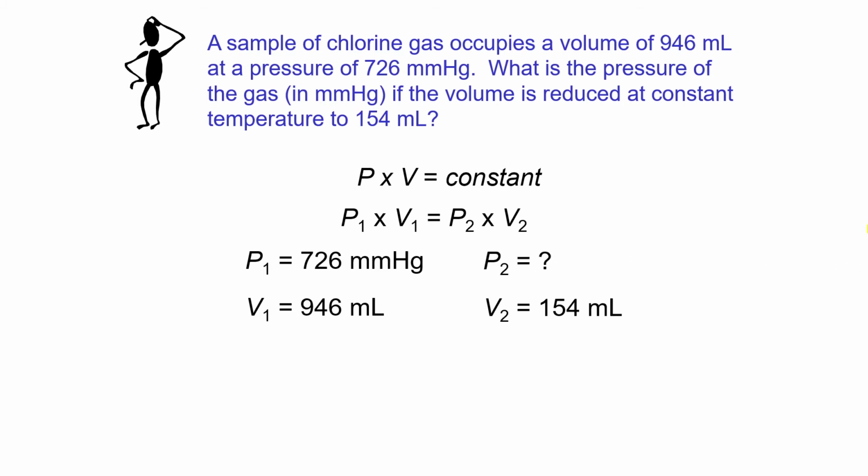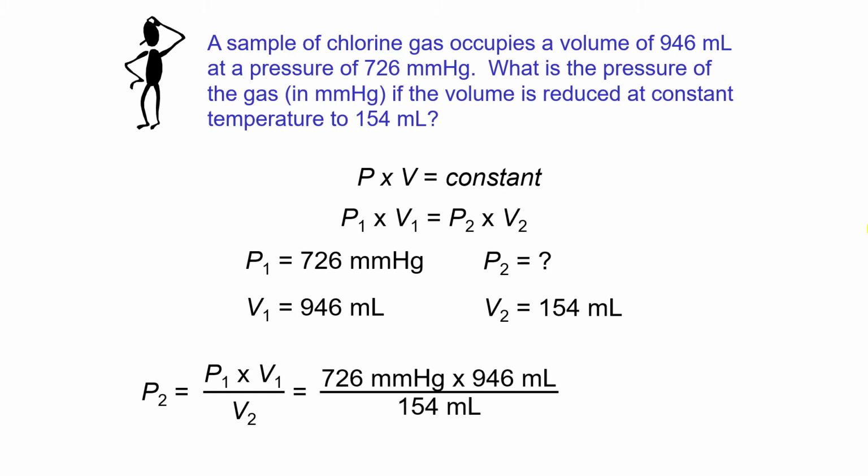That is P2. So again, make sure you identify correctly which value goes with which variable. So since our unknown is P2, let's take Boyle's law and rearrange it and solve for P2, right? And now we can plug in the numbers for P1, V1, and V2.